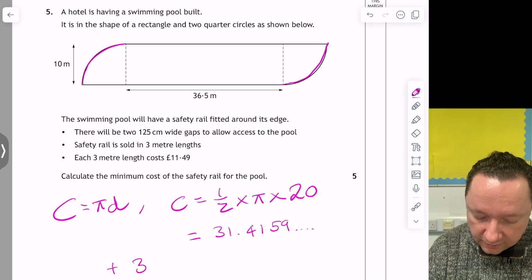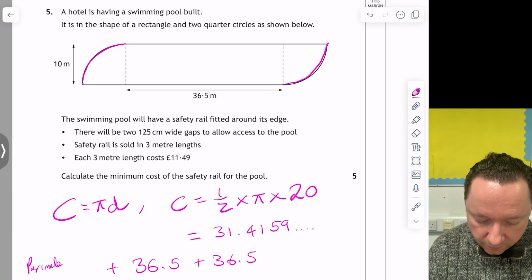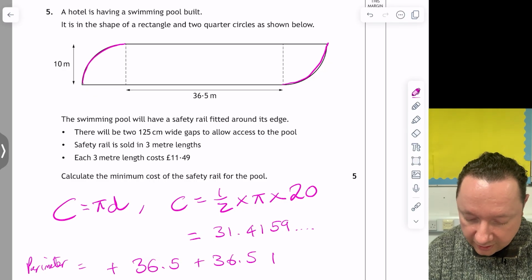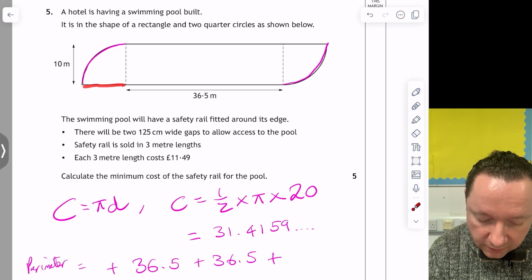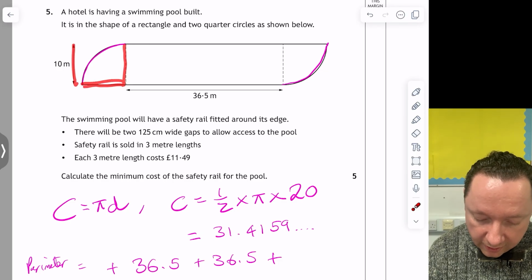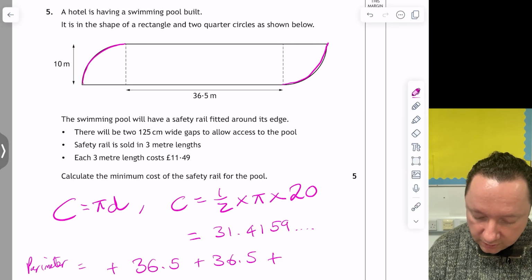Plus 36.5 plus 36.5, I'll just call this the perimeter. And then I need to add on these 2 bits here, but since this is a circle, they're a radius, so that's just 10. So another 10 and 10 here. So that's 10 plus 10.